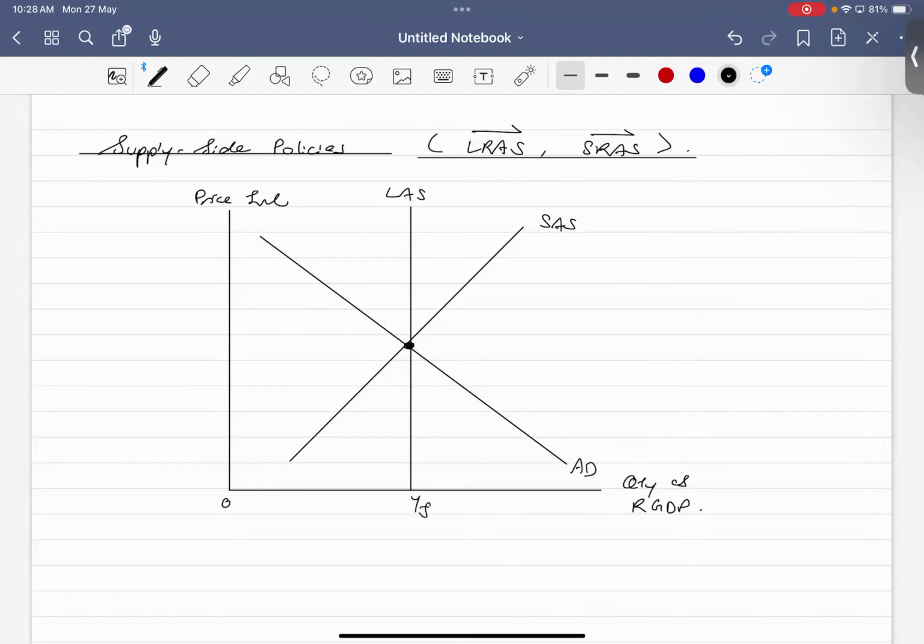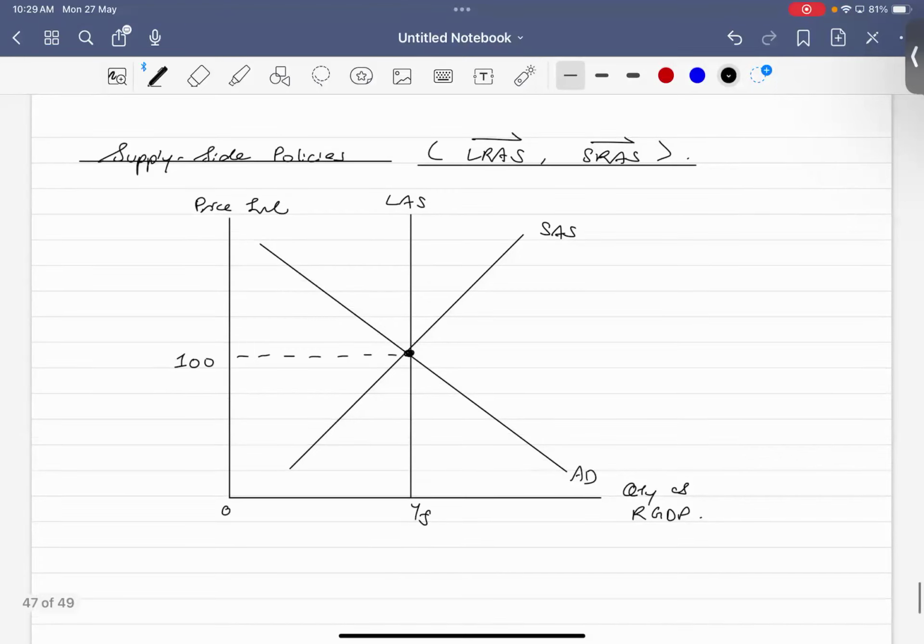Okay, so this is your initial full employment at this price level of 100, for example, and we call it as point A. So now what we are going to show is that there will be shift in the SAS and LAS curve. Okay. So for example, let's shift our SAS and LAS curve. Okay, so LAS curve shift rightwards.